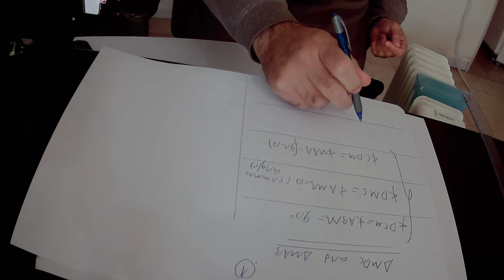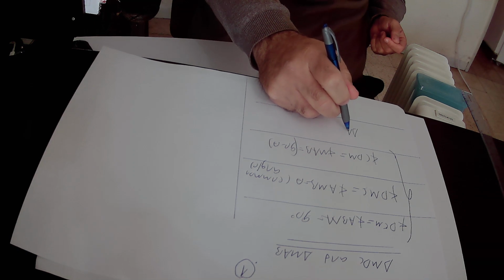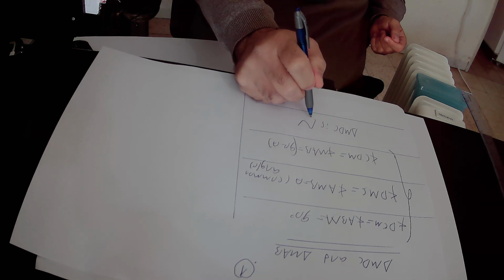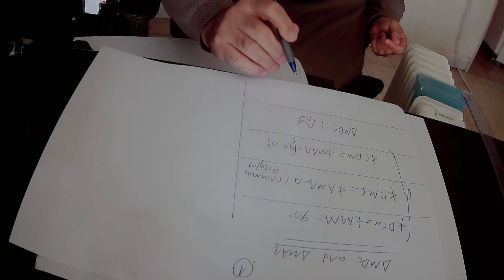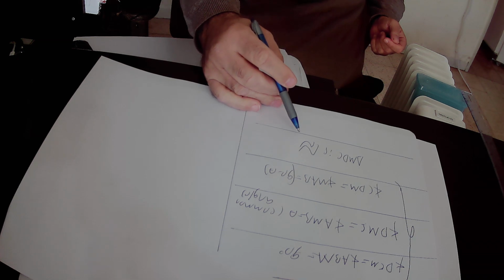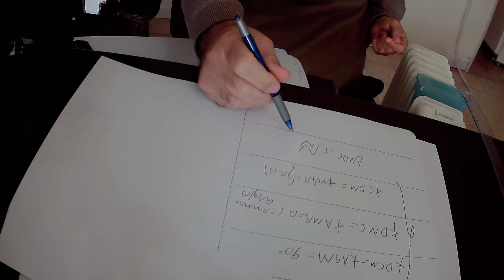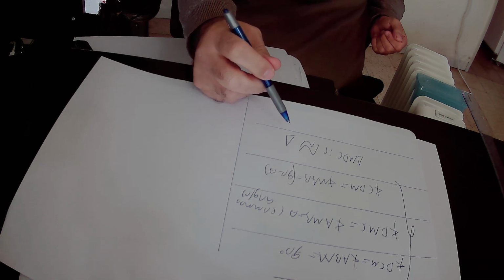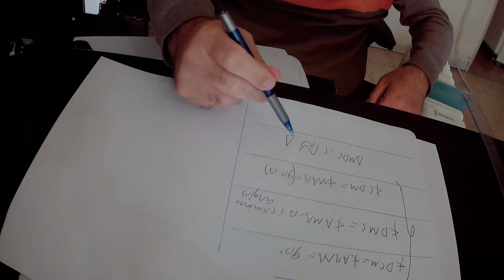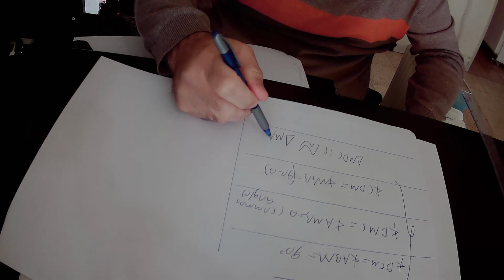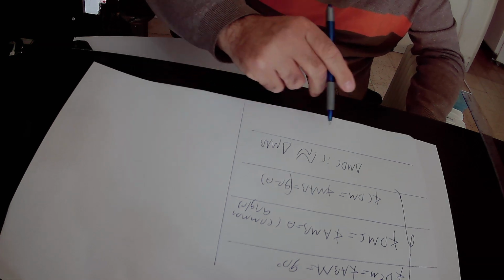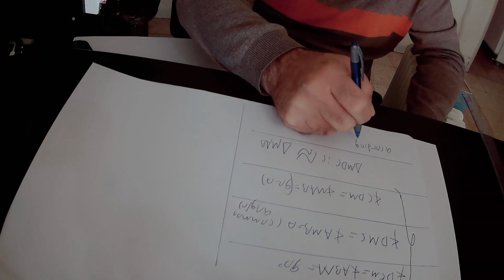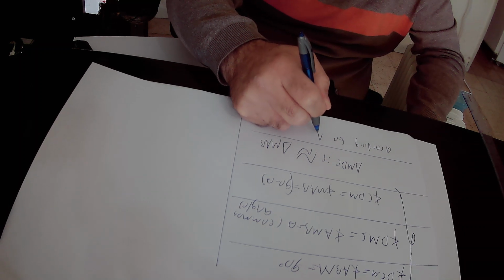Therefore we proved that the big triangle MDC is similar, this is the sign of similar, to the small triangle MAB according to the angle similarity rule.